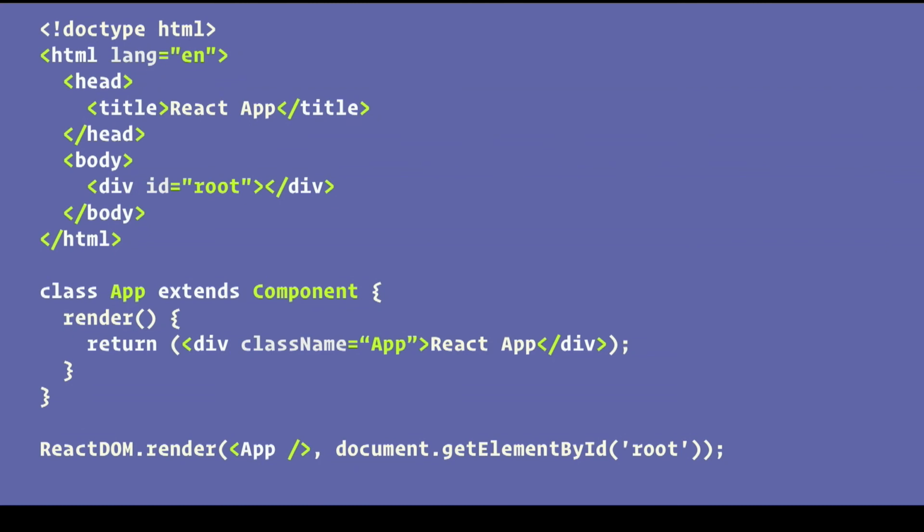So at the very top, we have our actual HTML, like that index.html file, where we have an empty div with the ID of root. We need that there for a React application. So you're always going to have one empty element. Typically, it's a div. Typically, it has an ID of root.